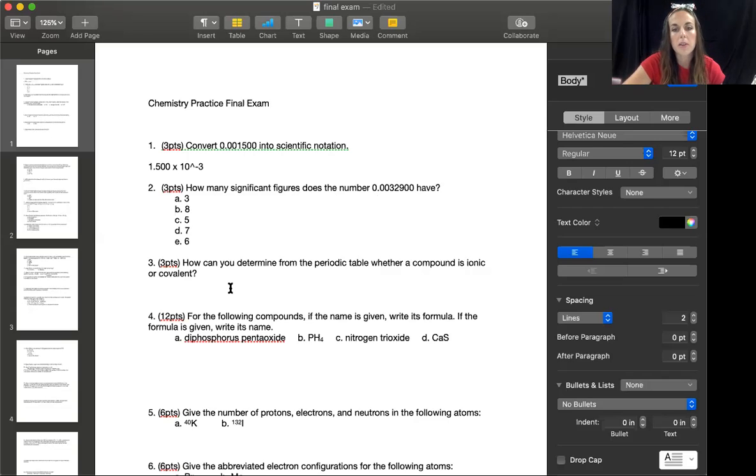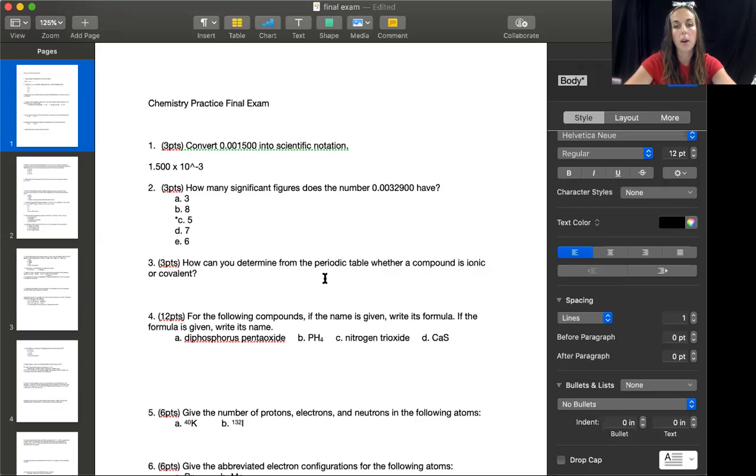How can you determine from the periodic table whether a compound is ionic or covalent? Here, I'm going to put the answer here. Okay. So as we learned a lot of modules back actually, ionic means a metal and a non-metal.